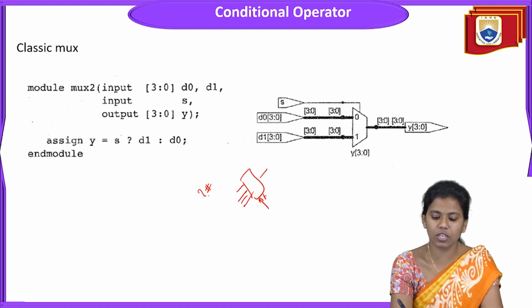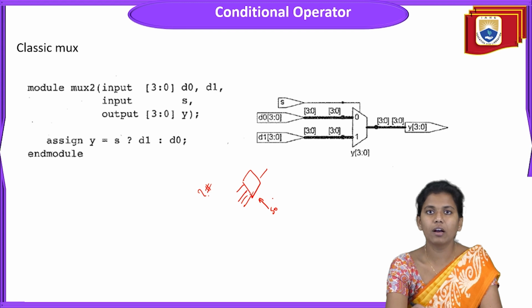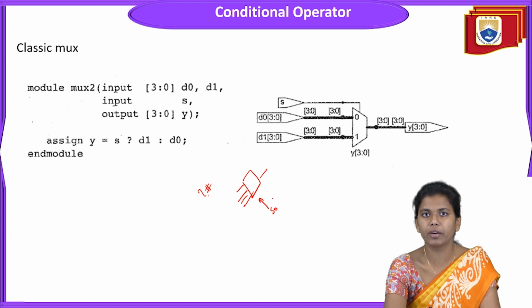And based on the selection lines, S0, S1, the output would be enabled. Here we have different types of multiplexer, 8 by 1 mux, 16 by 1 mux, and so on. So under this conditional operator, how it would be used to help us write a particular syntax, we will see here.